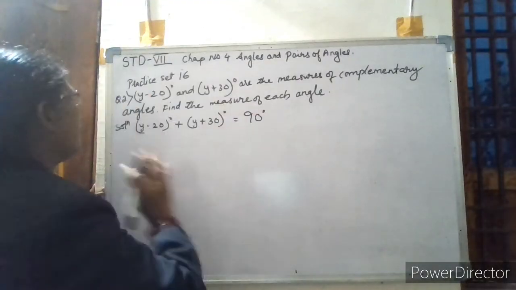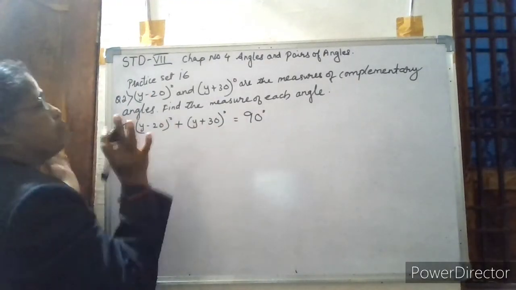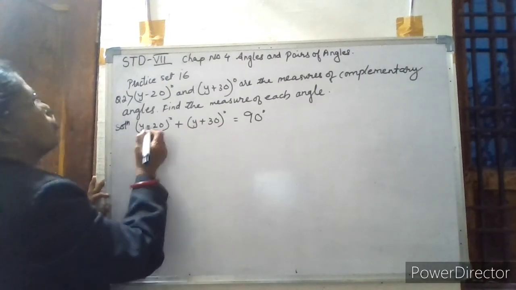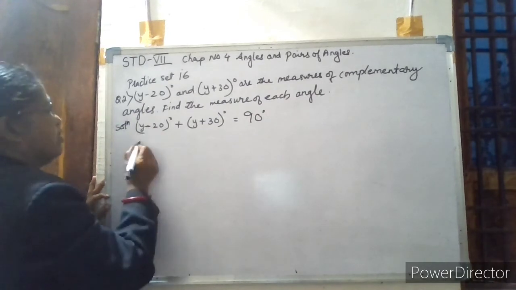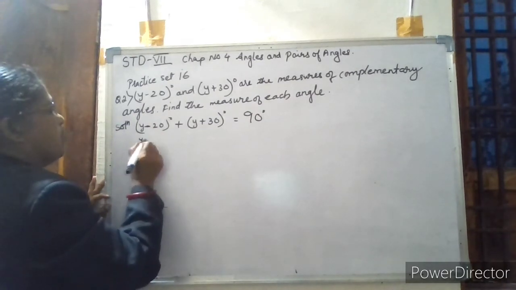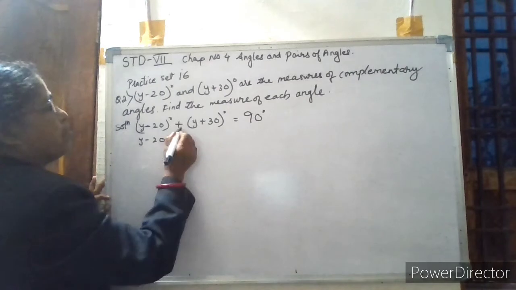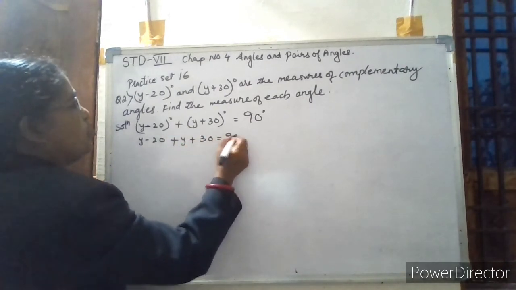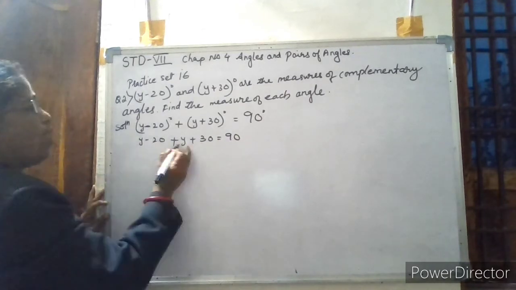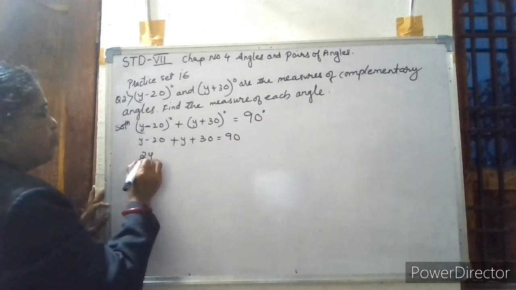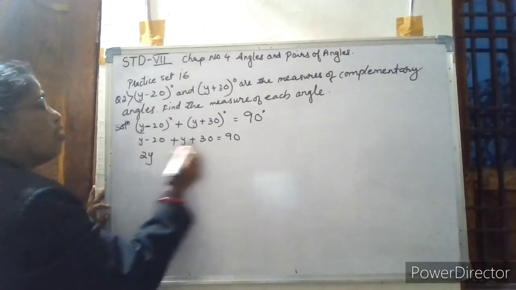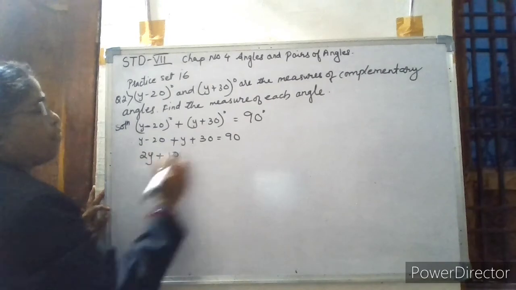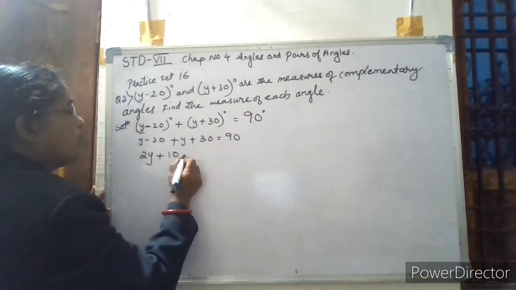Now consider this in the form of algebraic expressions. Open the brackets: y minus 20 plus y plus 30 is equal to 90. Now y plus y will give you 2y. Then 30 minus 20 will give you plus 10. If we simplify it, it is equal to 90.